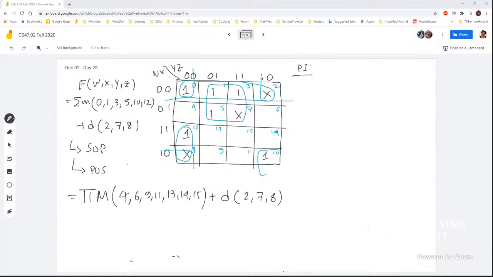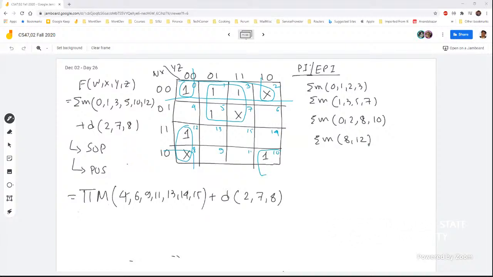Is there any other possibility? No. So in this case, I believe the PIs and EPIs, essential prime implicants, are the same: sigma m of 0, 1, 2, 3; sigma m of 1, 3, 5, 7; sigma m of 0, 2, 8, 10; and sigma m of 8, 12.